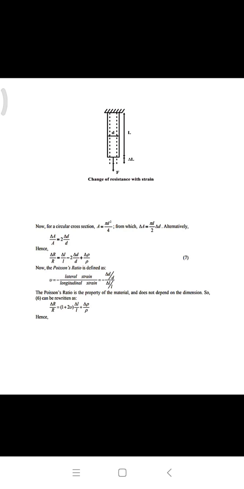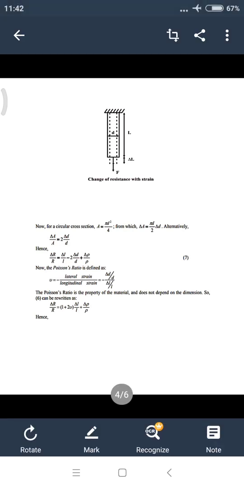Now the Poisson ratio is defined as V equals lateral strain upon longitudinal strain. Lateral strain is along the diameter of the metallic wire, that is, delta D by D, the change in diameter upon original diameter, and longitudinal strain is the change in length upon original length.